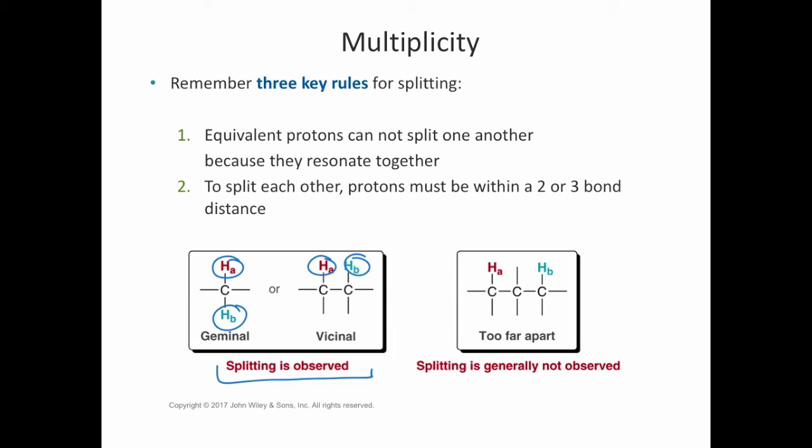Between HA and HB, the distance between them is 2 bonds. Between HA and HB here, it's 1, 2, 3 bonds. So 2 bonds, 3 bonds. Between the HA and the HB here, it's 1, 2, 3, 4 bonds apart. So splitting is generally not observed because those are too far apart.